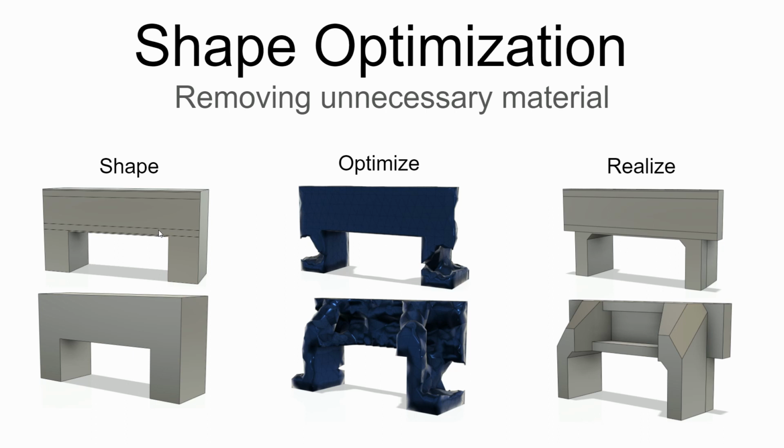So if I apply a load between these two pillars of the gantry in the middle, then our shape optimization tool will tell us what our body needs to look like if we want to remove as much weight as possible while still having the critical mass of the body remaining. Let's jump into Fusion and I'll show you how it's done.